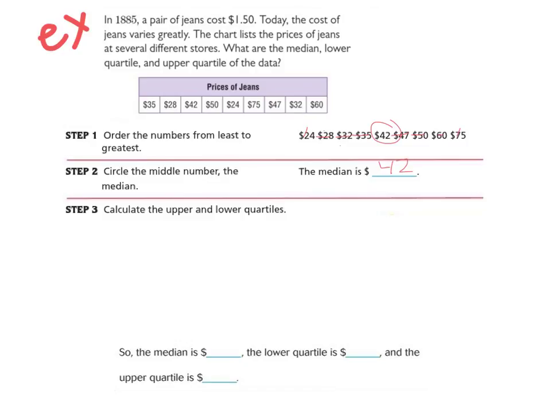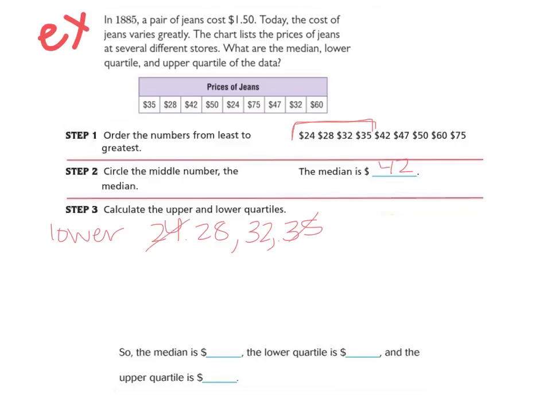Okay. So now that I found the median, let's find the upper quartile. Now remember, here's my median. I'm looking at all these numbers below the median. So, let's do the lower quartile first. So I've got 24, 28, 32, and 35.